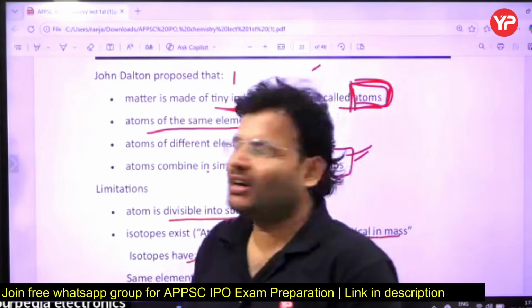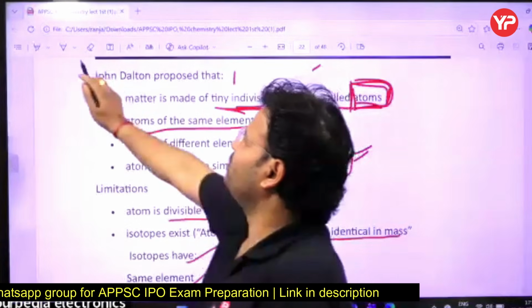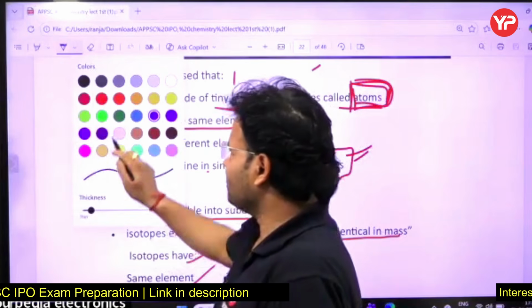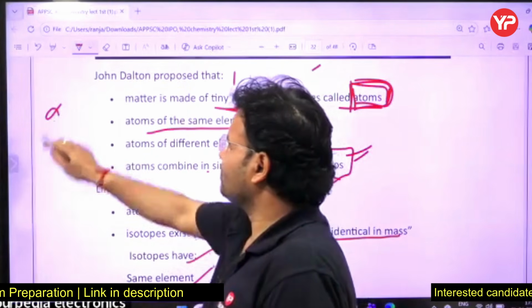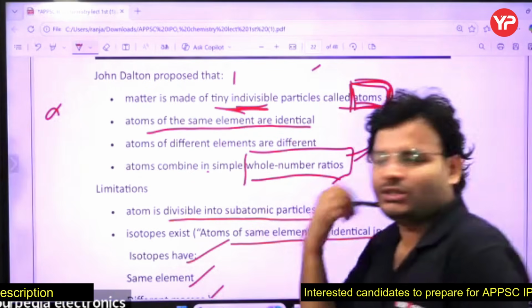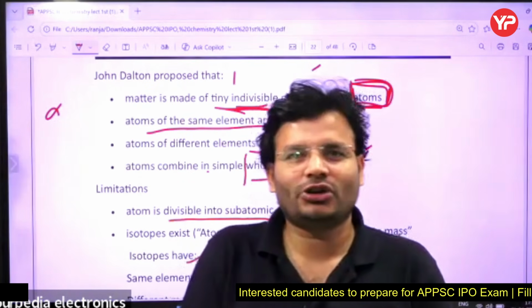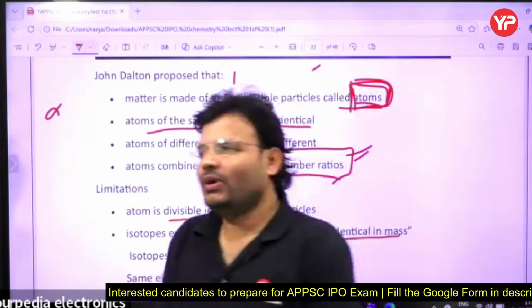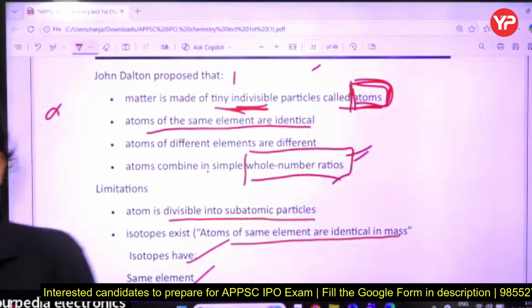That was a major, important point that you have to remember. Atoms of the same element are identical, but that does not hold, especially if we talk about isobars, isotones, and isotopes.